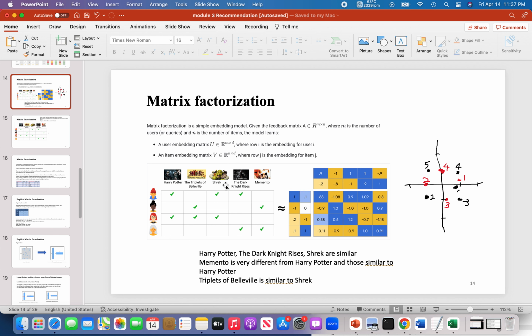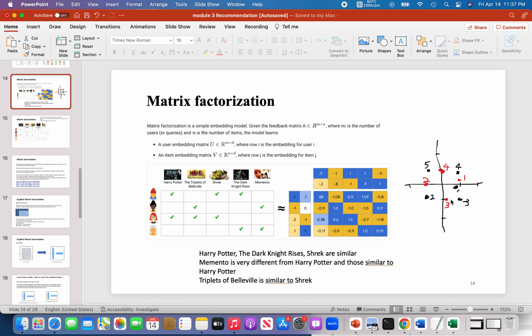Movie number 3 is Shrek. Shrek is considered similar to Harry Potter, so it should not be far away from Harry Potter. Here the x-axis is 1 and the y-axis is negative 1. That is movie number 3.